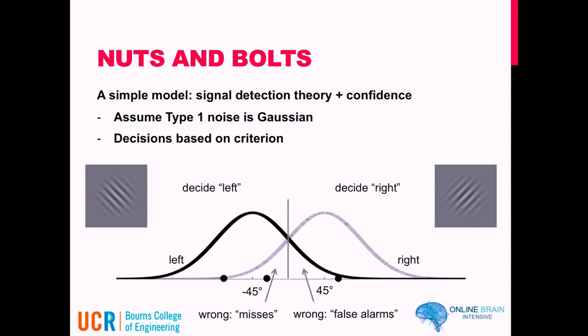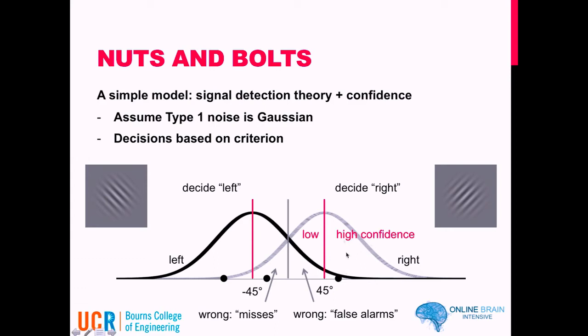Then, just as with any classifier, including machine learning, SVMs, logistic regression, so on, the distance of these samples, or these internal decision variables from your decision criterion, so this is the absolute magnitude of this distance here, is representative of the probability that that decision is correct, and therefore how confident you should be. So if the observer is supposed to rate high or low confidence in a binary fashion, like you would give in a behavioral task to a person, we can place additional type 2 criteria and assign confidence as a function of where the decision variable is on each trial.